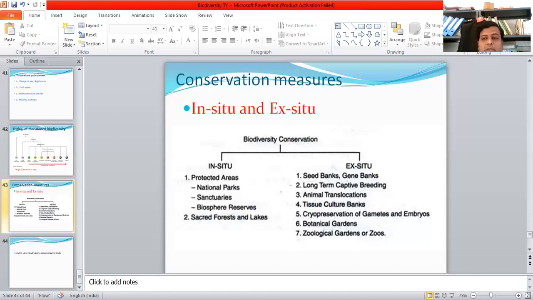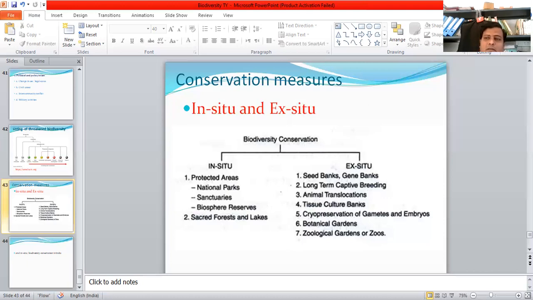Tissue culture banks have been formed using various meristematic materials. Long-term cultures of excised roots or shoots are maintained in meristem culture. It is very popular in plant propagation also, to ensure disease-free plants.